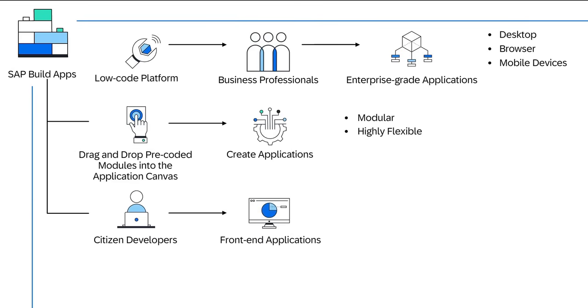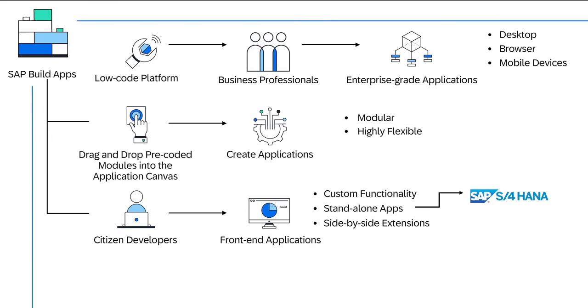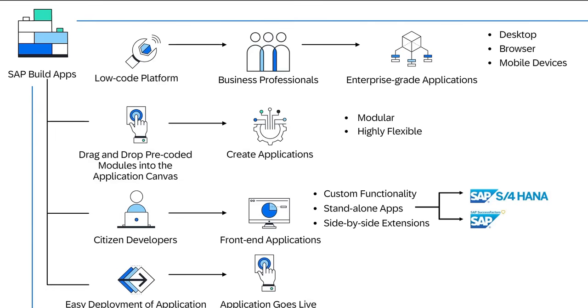So developers can easily create front-end applications with custom logic and standalone apps also. They can even do side-by-side extensions. It supports SAP S/4HANA and SAP SuccessFactors solutions. The deployment of visually composed applications is easy, within a click of a few buttons.